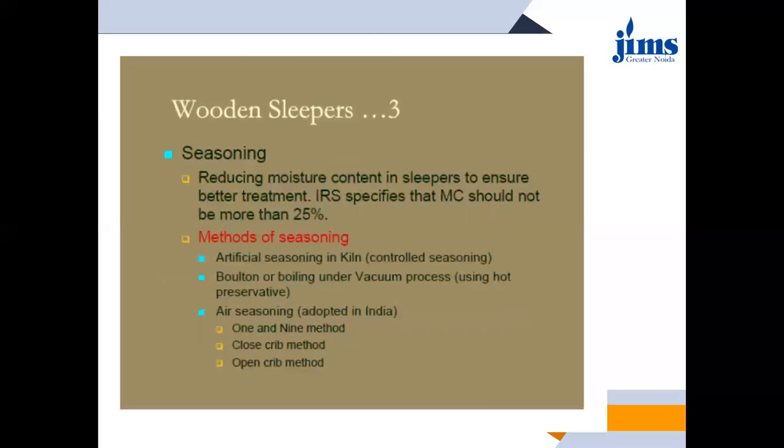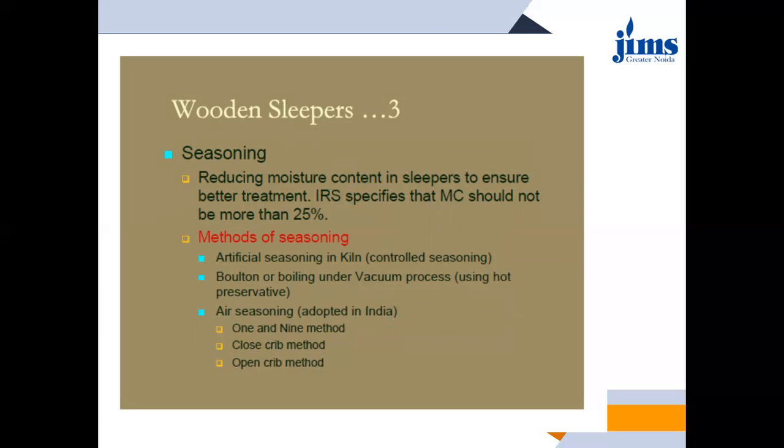Now, seasoning, as you are aware, was basically done in order to remove the moisture content in the sleeper, so that better treatment could be achieved. Indian Railways specified that the moisture content in these sleepers should not be more than 25%.